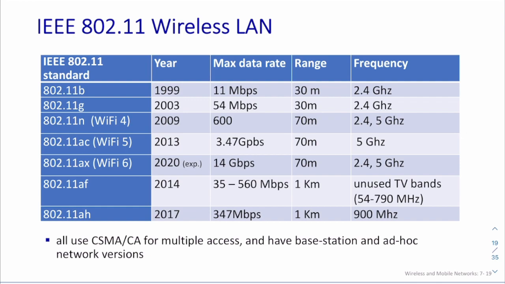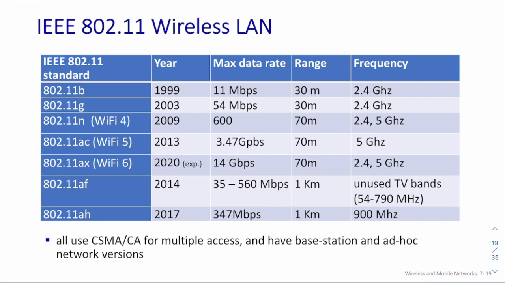Okay, and the frequency band, we have talked about the frequency band, because 2.4 gigahertz is free to use. So many different protocols use the free 2.4 gigahertz frequency band. And of course there are some other even newer protocols, but we don't use them currently.